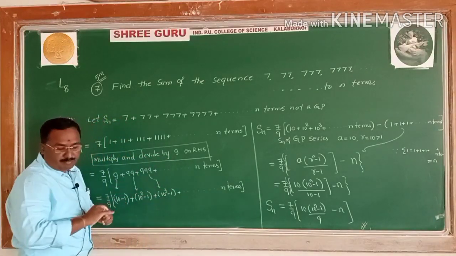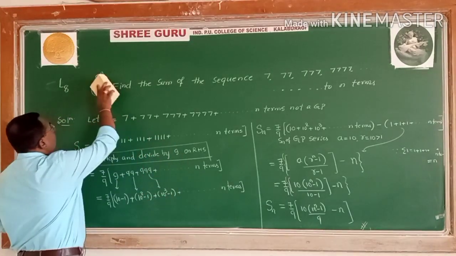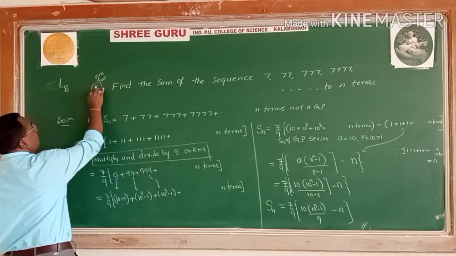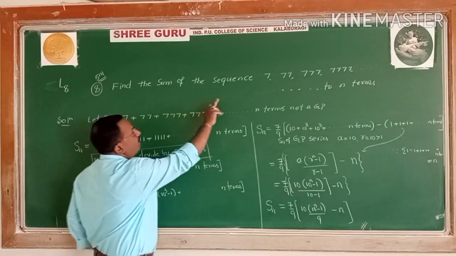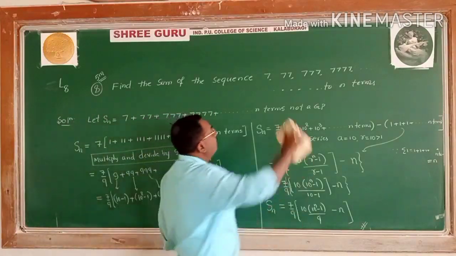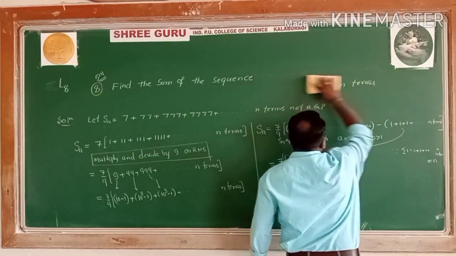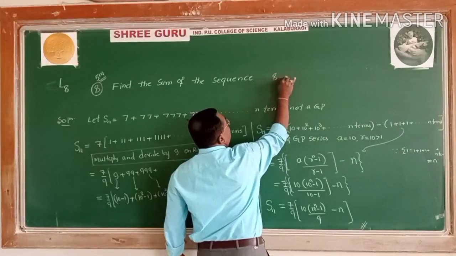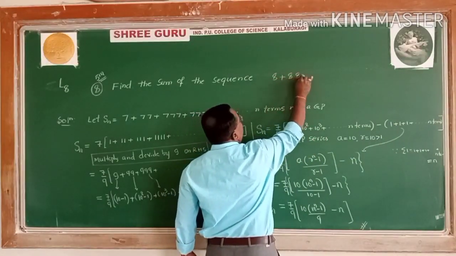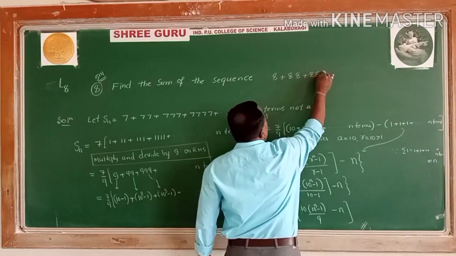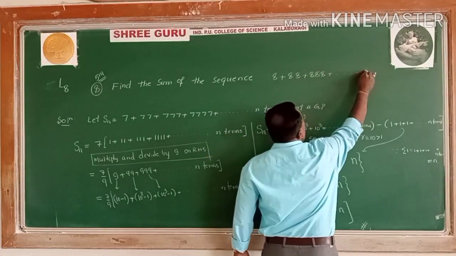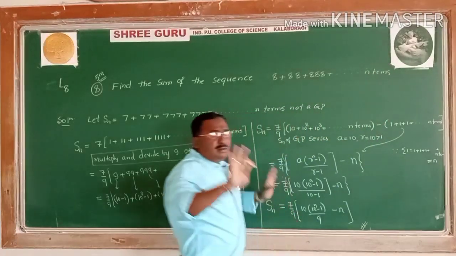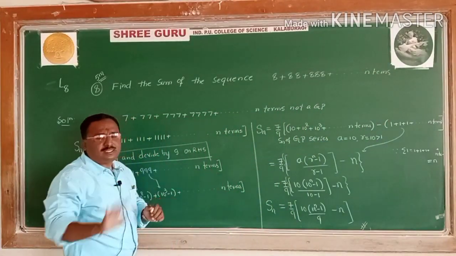Suppose the same example, example number 8. Find the sum of n terms of 8, double 8, triple 8, and so on up to n terms. In this form, the procedure will be the same, no change.